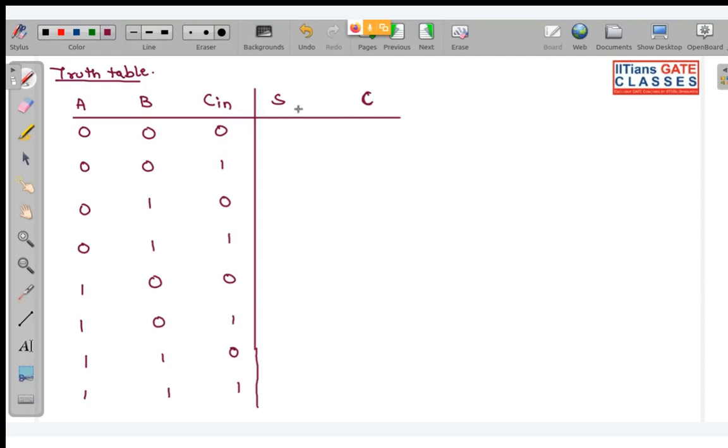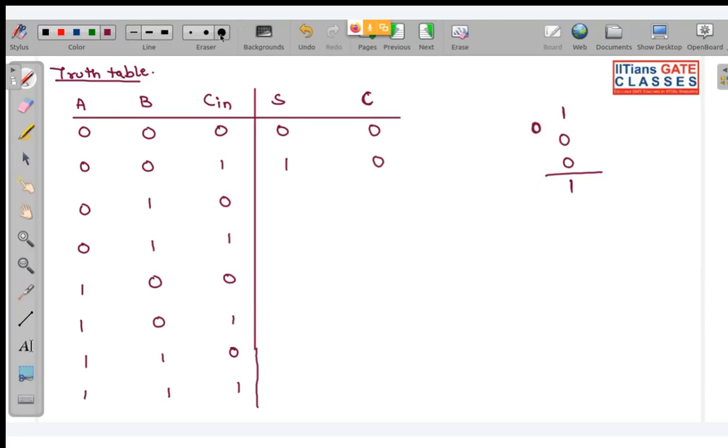Okay, fine. Now let us see the sum. If I add 0, 0, 0, sum will be 0, carry will be 0. Over here, A is 0, B is 0, and C in is 1. If we add these 3, the sum will be 1 and the carry is 0.